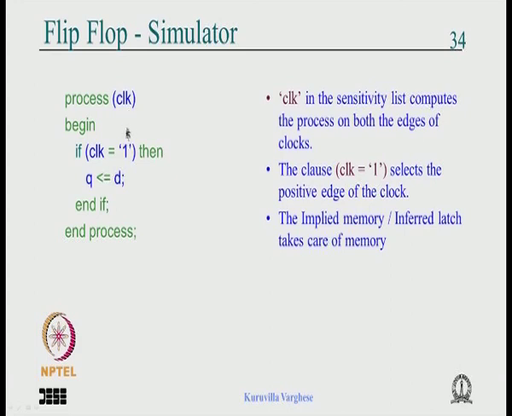This effect must be captured, that means we have to say that if there is an event on the clock and clock is equal to 1, then Q gets D. If you can write that, then the synthesis tool will treat this as a flip flop.